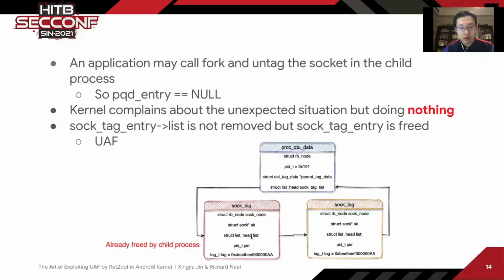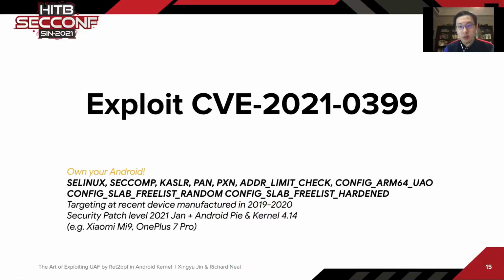Okay, cool. So let's see how to exploit the vulnerability on a modern Android Pie device. Specifically, you may see the following mitigations are enabled for Android Pie devices: address limit check, user access override, slab freelist random, and slab freelist harden.